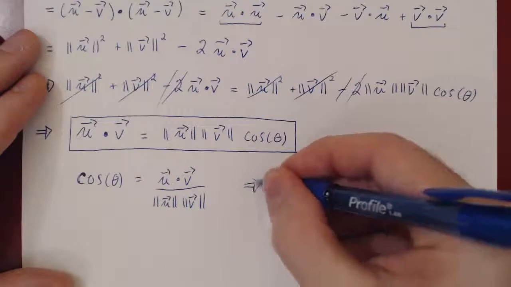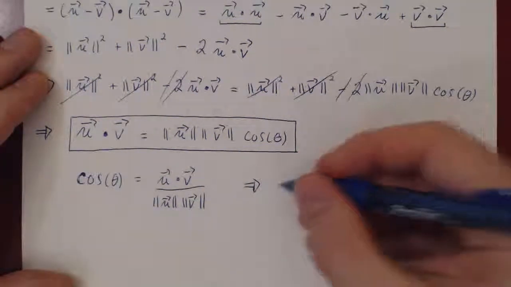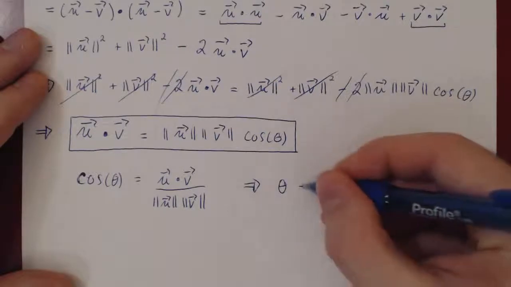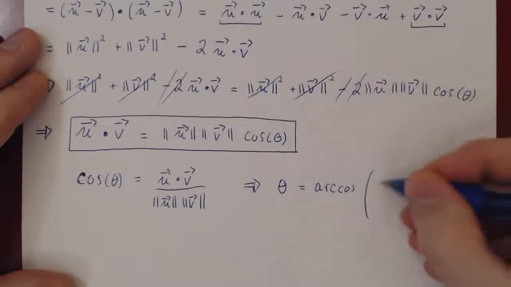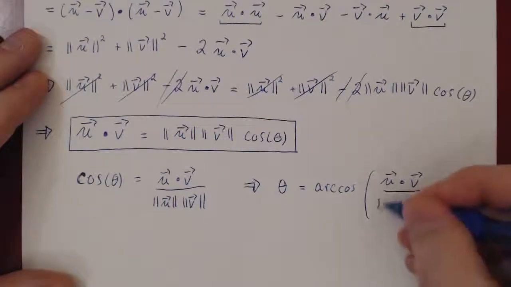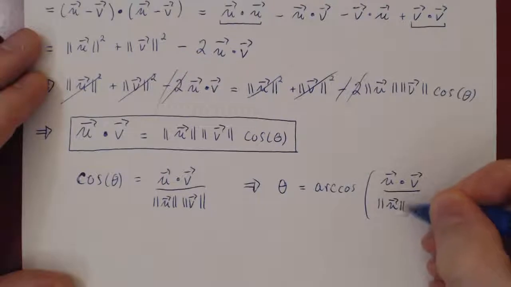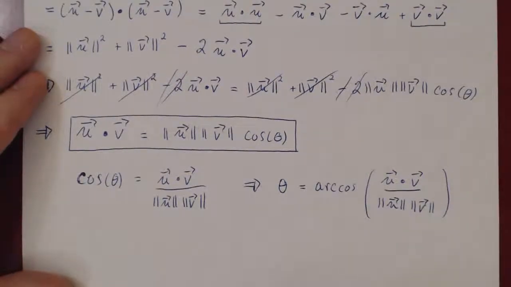And of course, finally, if you want the angle, take the arc cosine on both sides, and so the angle between two vectors is given by the arc cosine of the dot product between the two vectors over the product of the two norms. So there you go.